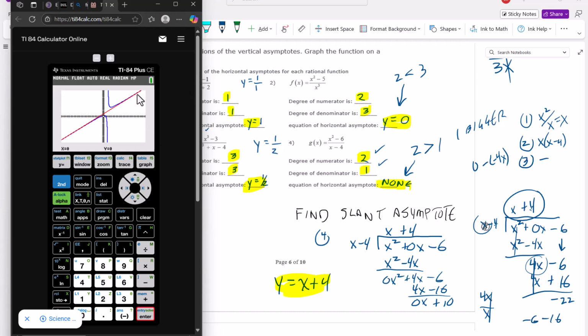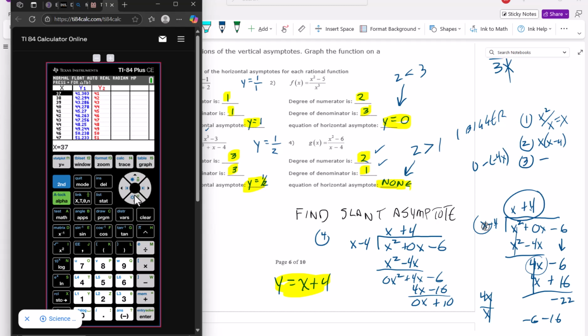If you look at your table of values, you're going to find as x gets bigger, it gets closer to the value of that line. Now the value of this line is changing, but these numbers get closer and closer together the bigger you get. So look at that. And it works the same way if you go to the negative numbers, to the left.